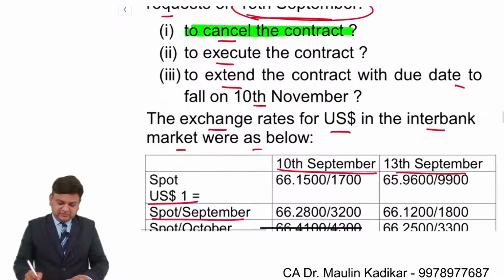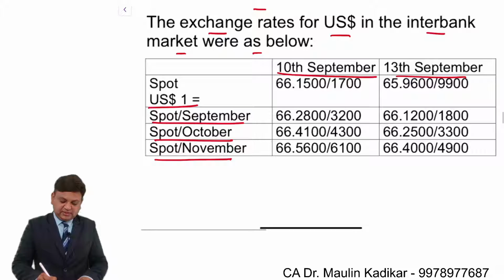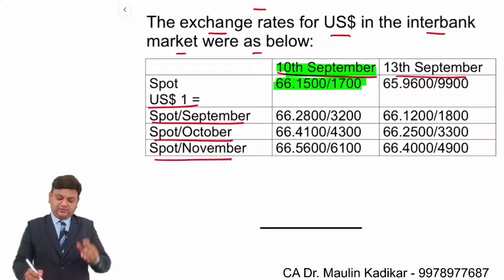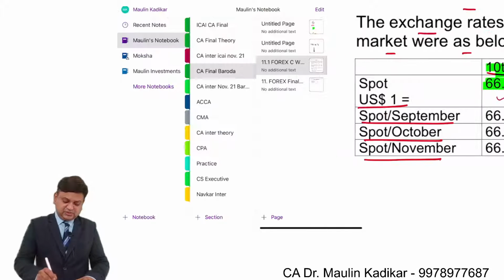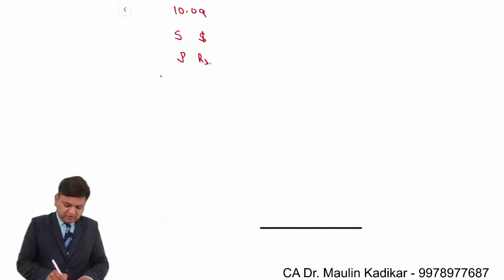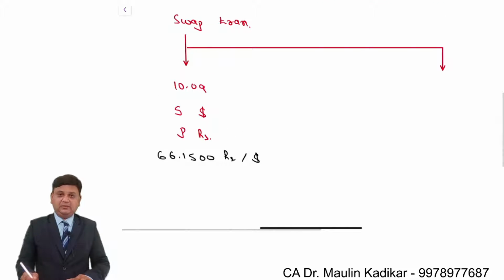The information is provided that on 10th of September, the day on which the customer did not come, this is the spot exchange rate. What is the transaction? Sell of dollar and purchase of rupees, so I will get less amount of rupees. So 66.15 rupees per dollar will be the rate applicable.